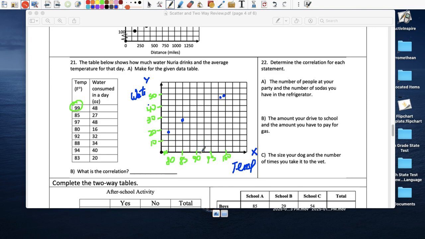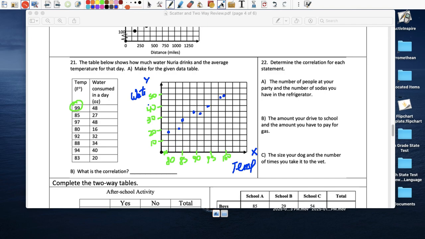When it's 92 degrees, we consume 32, somewhere around here. When it's 88, we consume about 34, somewhere around here. A little bit under that line, actually. When it's 94 degrees, we consume 40, so around here. And 83 degrees, we consume about 20, so somewhere around here.